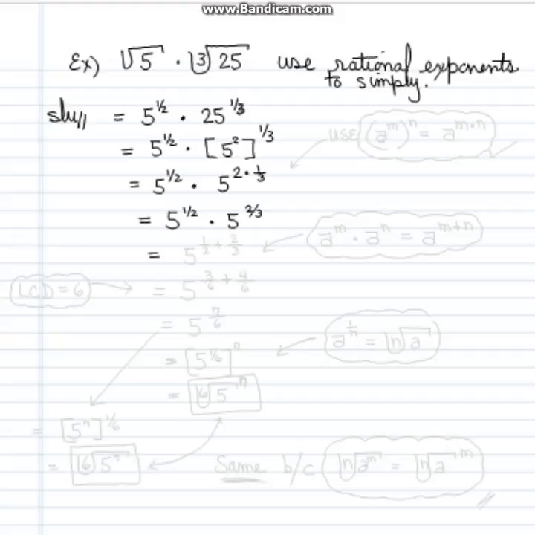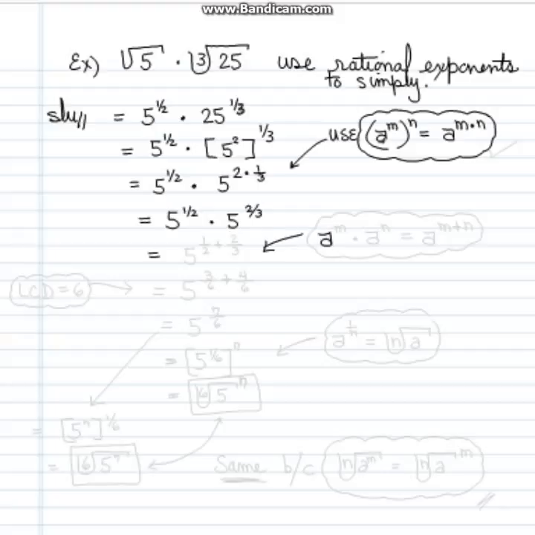I'll just remind you that right here I used the rule that says a raised to the m power and then raised to the n power is equal to a raised to the m times n power. That's the rule of exponents that I used there. And right here I'm about to use another rule of exponents.